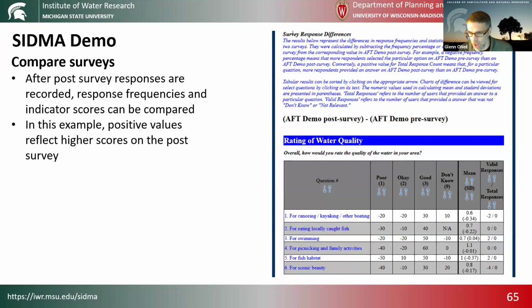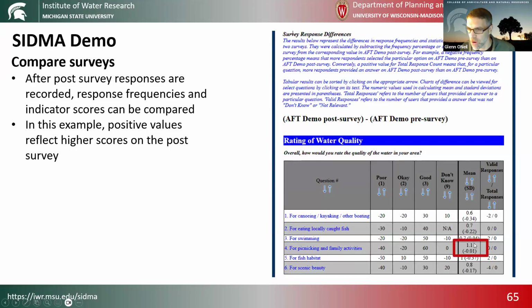But in a nutshell, we take the response frequency for one survey, in our example here the post survey, and we subtract the associated value on the pre-survey. So the way we'd interpret that is that for this particular question, how would you rate the quality of water in your area for picnicking and family activities?